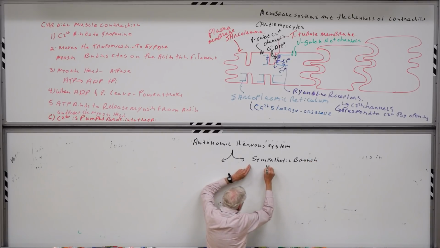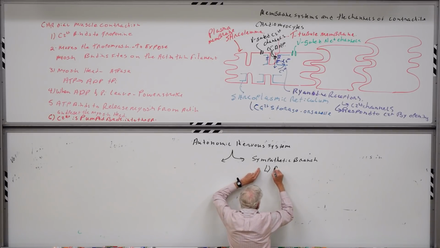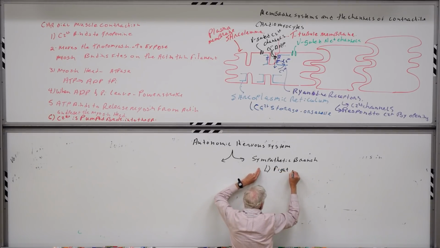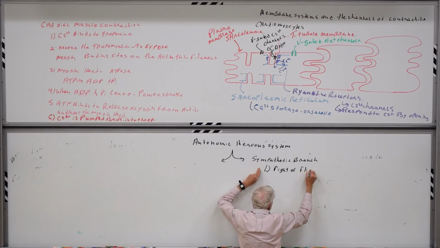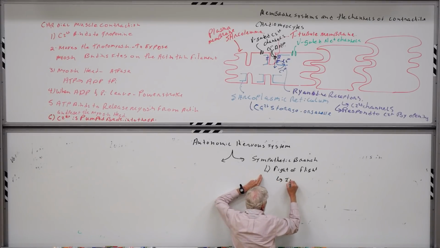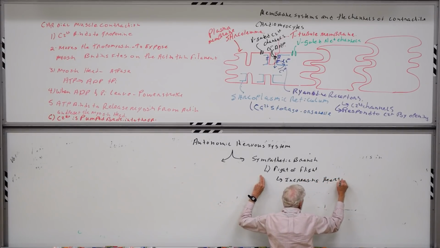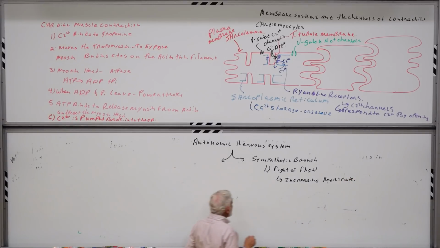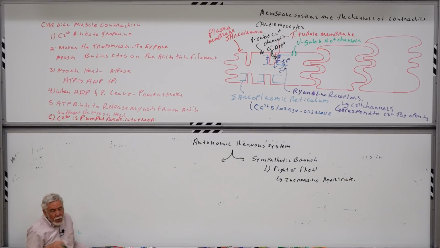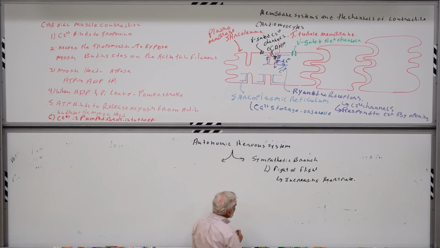The sympathetic branch, although it's a gross generalization, is responsible mostly for fight or flight. And for our purposes here, we'll think about it as increasing heart rate. This is also involved in sweating and blood pressure, a whole bunch of other things. But we're going to tell the general story here about the autonomic nervous system with respect to what it does to the heart. The sympathetic branch is fight or flight, increases heart rate.